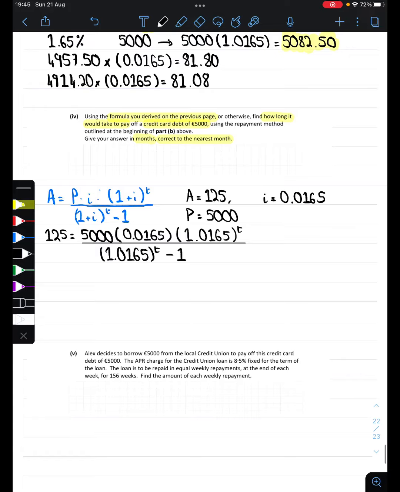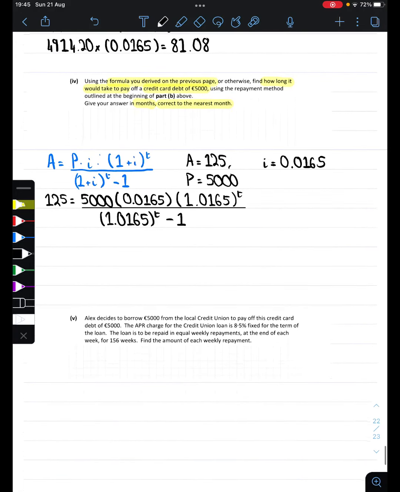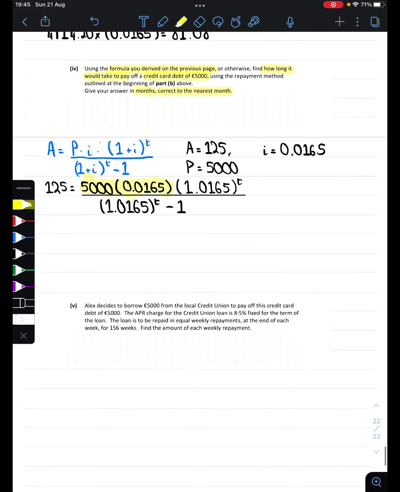And now we need to solve for T. So we first divide by 5,000, and if we divide by these two constants here, we get 125 over 5,000 by 0.0165, which is 50 over 33.